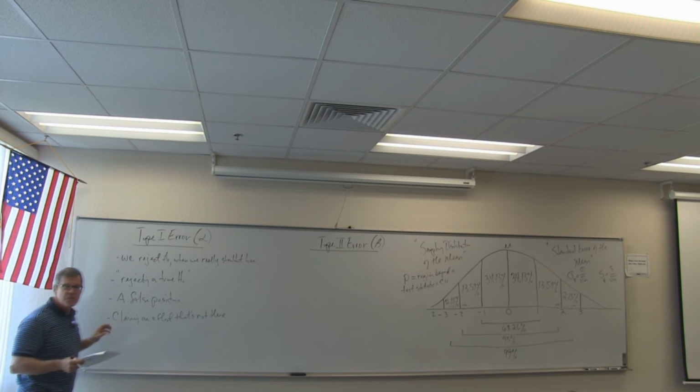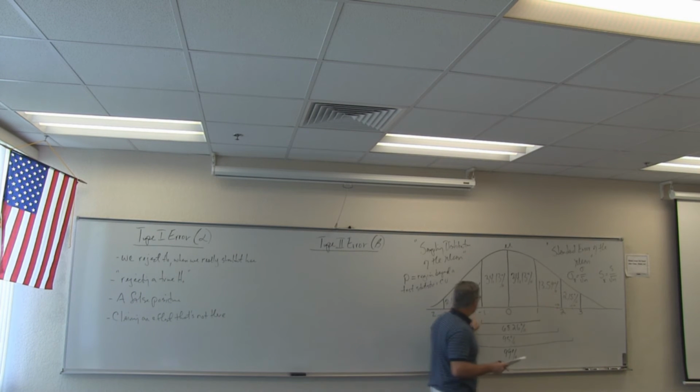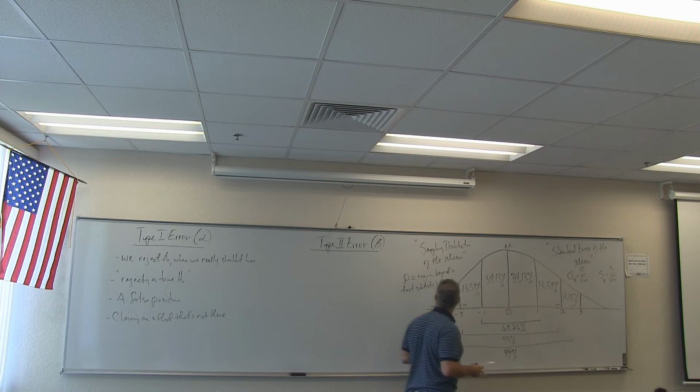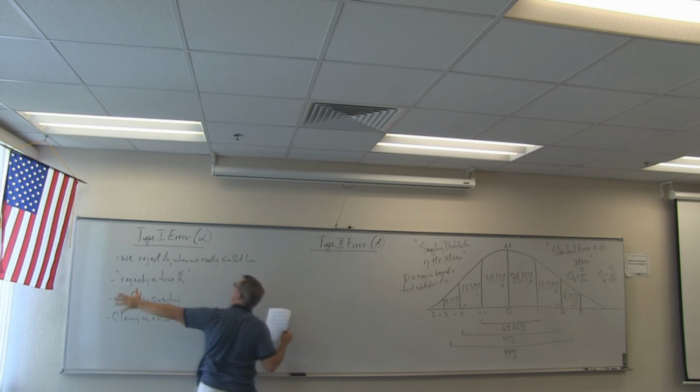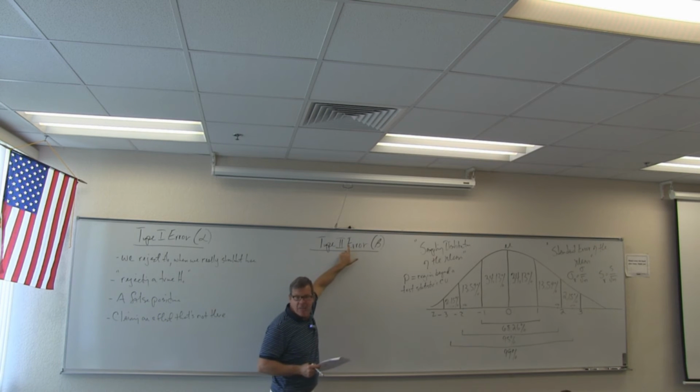Whenever I have a non-significant statistic, whenever my calculated statistic falls in this mid-region somewhere and I don't have enough evidence to reject the null, so I accept the null, there's a small chance that I may have committed a Type 2 error. Type 2 error is symbolized using beta.